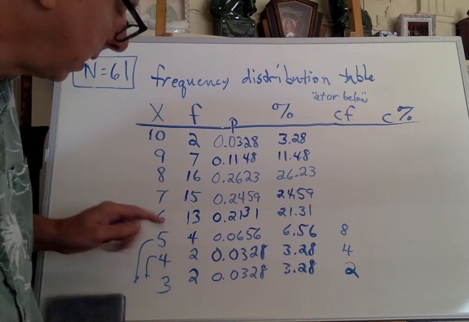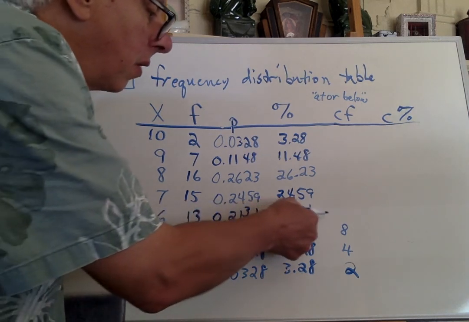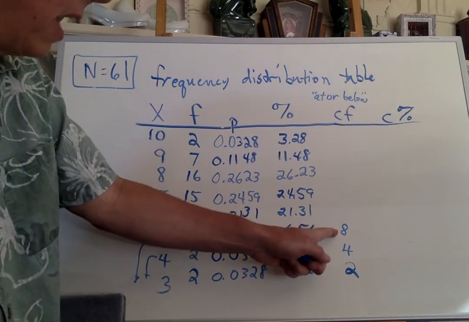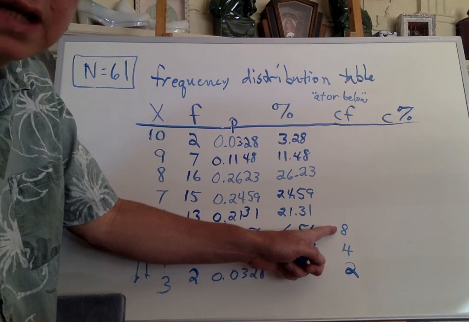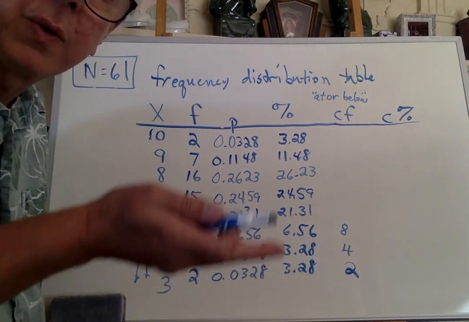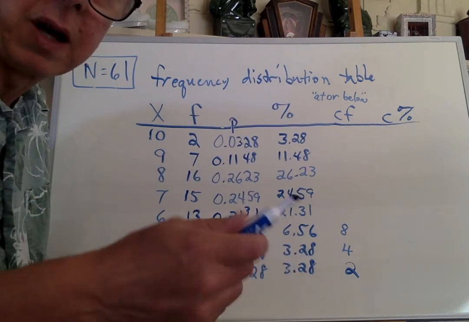Can we get the number for where we would be at 6 for our cumulative frequency? We have 8 in our basket already, okay? That's sort of how I conceptualize it. I'm going up this number line and I'm putting in the frequencies, okay?